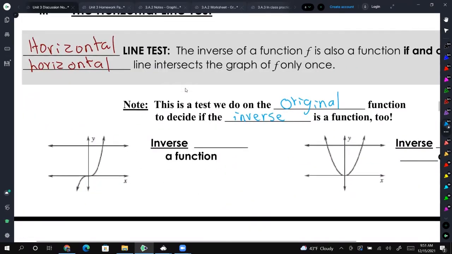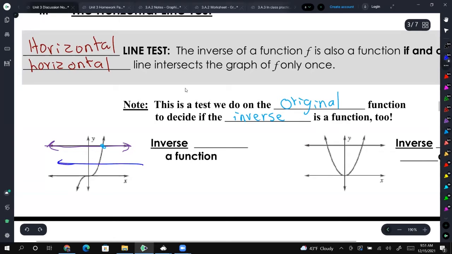So here we have two graphs of original functions, and we're going to determine if the inverse is one as well. So yes, we have a horizontal line to help us out. We touch only once. There is no horizontal line that we could draw that would touch more than once.